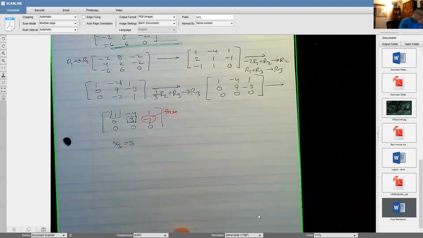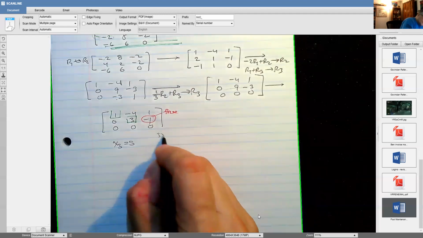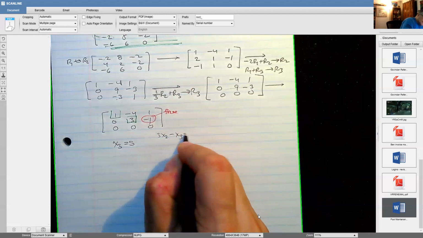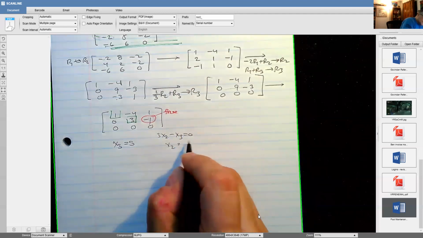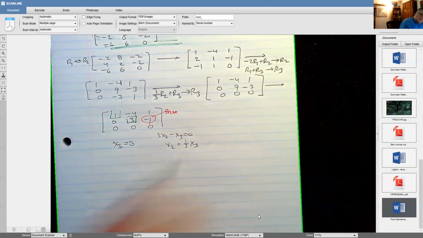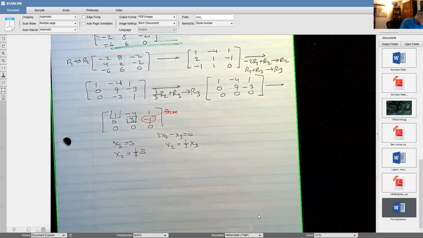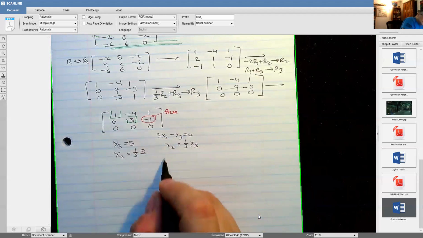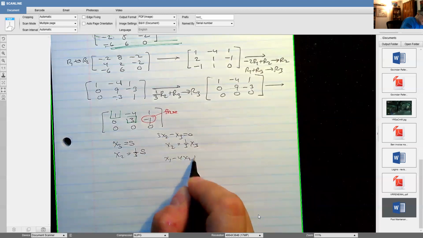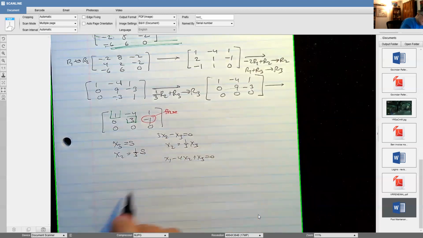Then from that equation here, we know 3x2 minus x3 is 0. So add x3 and divide by 3. x2 is 1/3 x3, so 1/3 s. And then x1 minus 4x2 plus x3 is equal to 0.